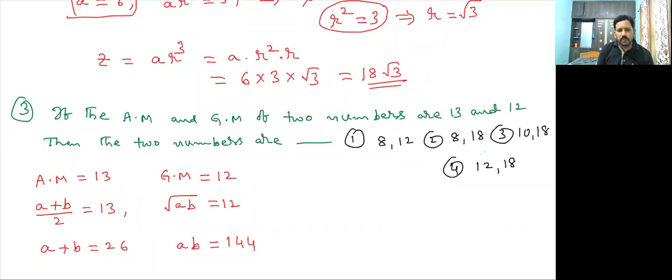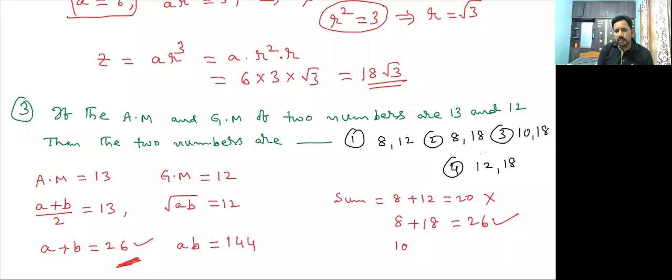So which option is possible? First I am verifying the sum. 8 plus 12, 20. But we want to get 26. So this is the wrong answer. First option is wrong. Second option, observe that 8 plus 18, 26. Yes, it satisfies 26. Third option, 10 plus 18, 28. This is wrong. 12 plus 18, 30. This is also wrong.